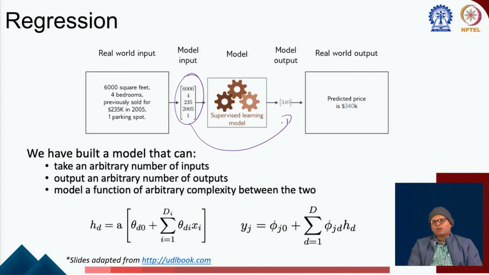And then we built a model that can take an arbitrary number of inputs and an arbitrary number of outputs, and you can have any function of arbitrary complexity between the two, and you can still try to describe that using a simple shallow neural network, right. That's what we have achieved.